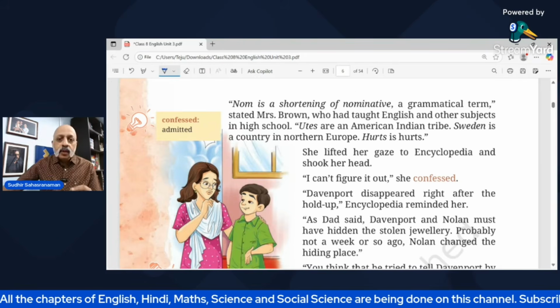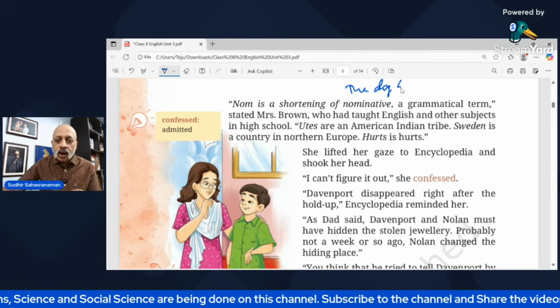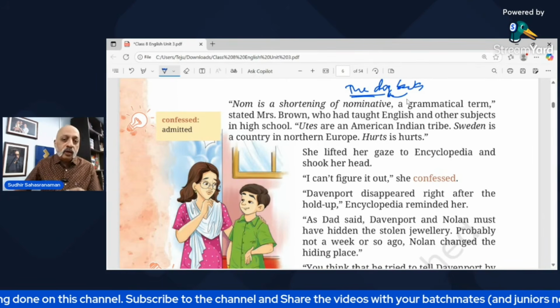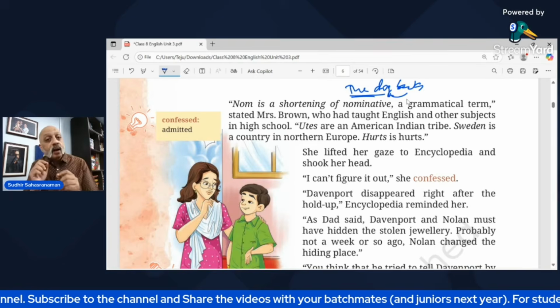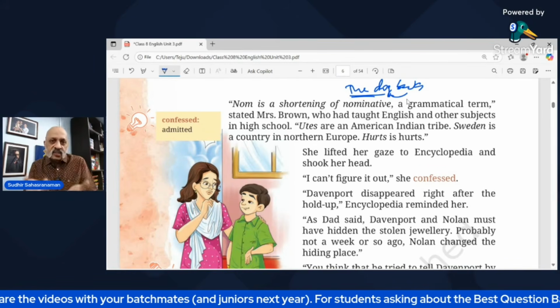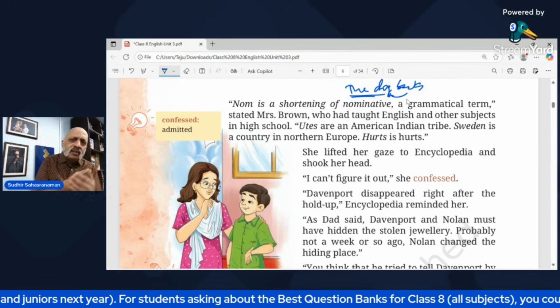For example, let's say the dog barks. So the dog is a nominative of this particular verb. Utes are an American Indian tribe. Sweden is a country in Europe. We know that. Hertz is Hertz. But how does it tell us about a fir tree in the nursery?